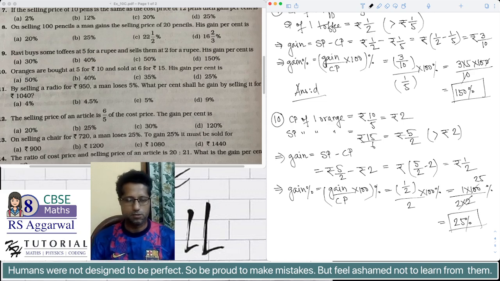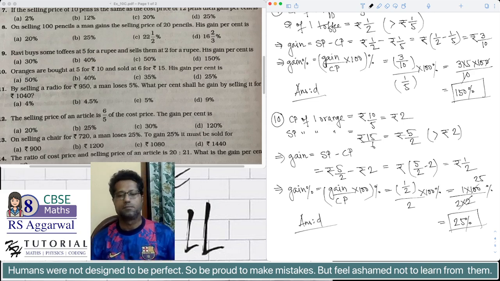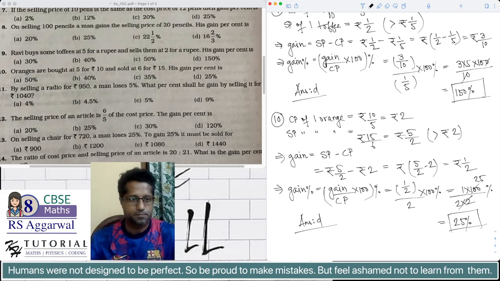The gain percent is 25, and hence the correct choice is D. D is the correct choice.